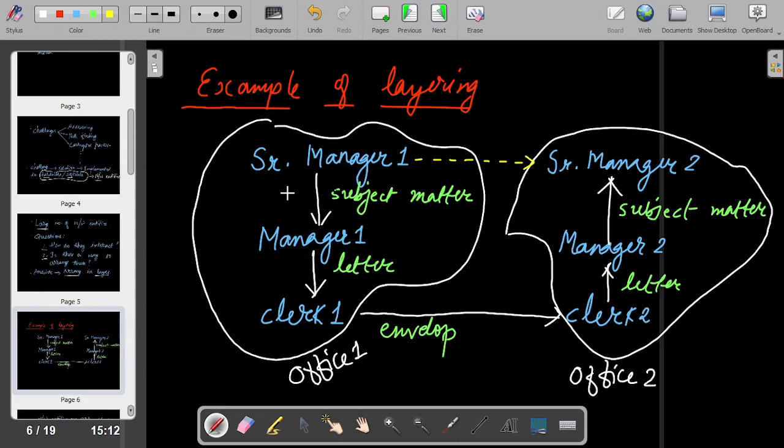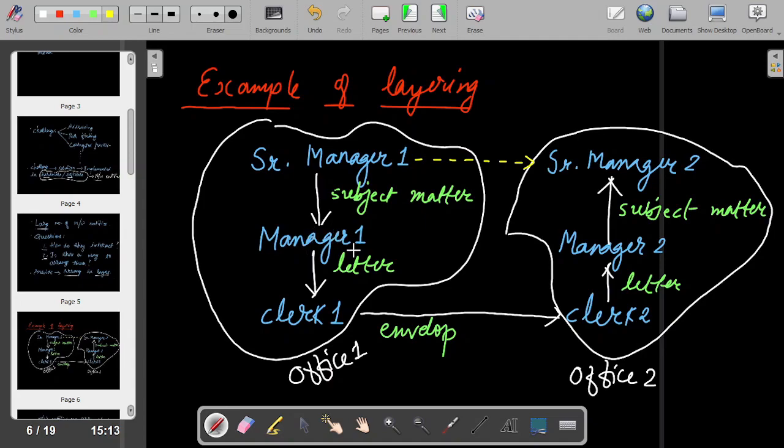Senior manager 1 has a subject matter in his mind. He calls manager 1 and explains the subject matter to him. Manager 1 has received the subject matter, and now types a letter in which the subject matter is explained.